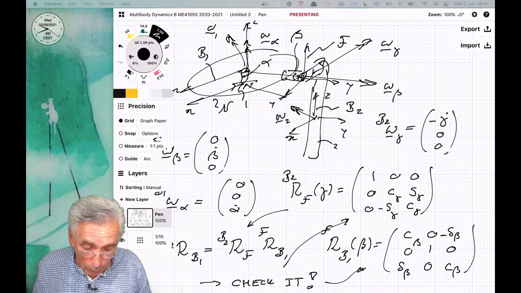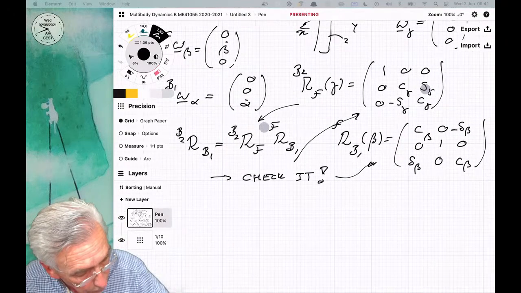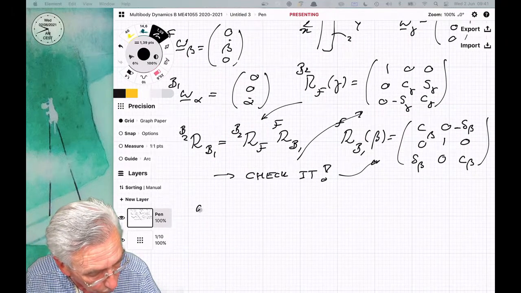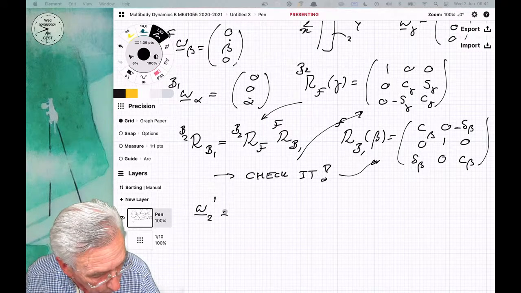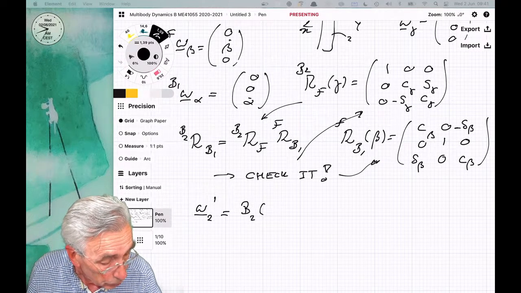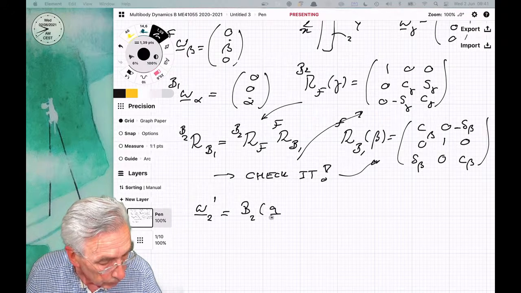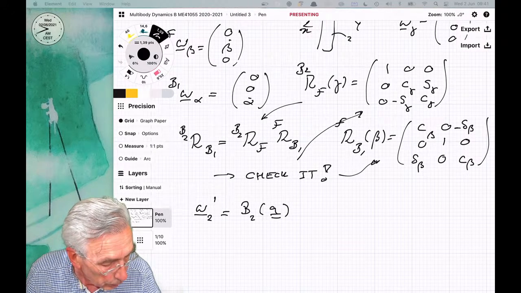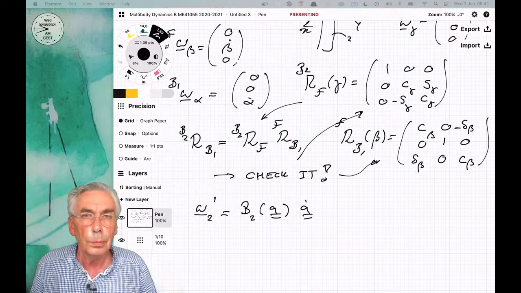And then of course it's a multiplication of those two. And then you can easily write out what the thing is, and then finally we get our expression for omega of 2 with the prime is B2, and B2 is now clearly a function of these angles, but it should be of Q. But notice, by the way, that looking at these matrices, alpha doesn't come into play.